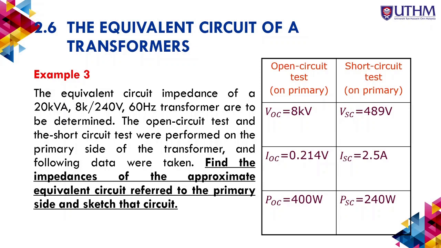So the open circuit test and the short circuit test will perform on the primary side, and the following data were taken. So sebelah ni adalah data-data yang hasil dia lah. Okay, so find the impedance of the approximate equivalent circuit, refer to the primary side and sketch that circuit.